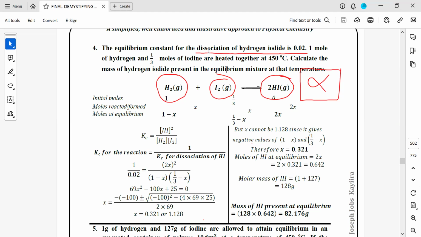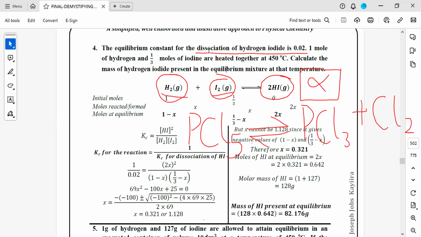For example, if you have hydrogen iodide, you realize that it's giving you its constituent elements. You have the hydrogen and you have the iodine. And I also gave another example where you have phosphorus pentachloride to give you phosphorus trichloride plus what? Chlorine gas.